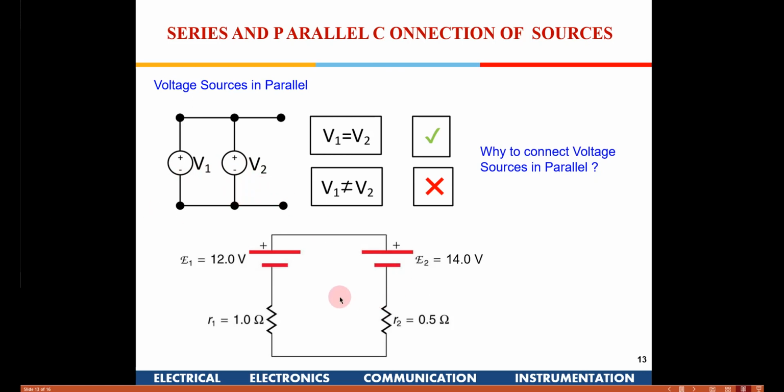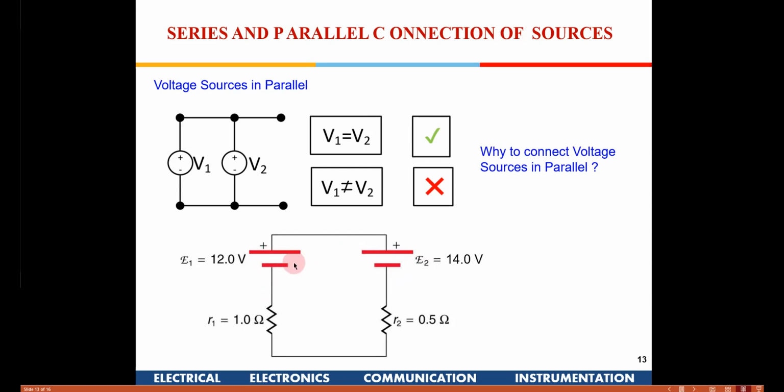Now if you see, in practical circuits it is not that we don't connect sources of different voltages in parallel. Say you have a generator, and we use a battery to start the generator. Once we start the generator, the battery comes in parallel to the generator, so that the battery gets charged.